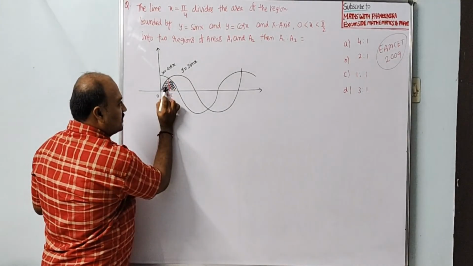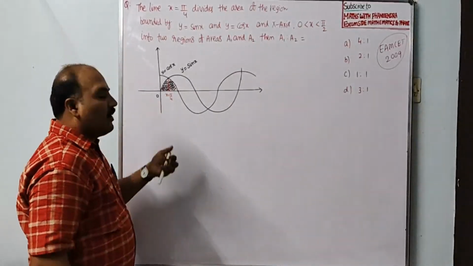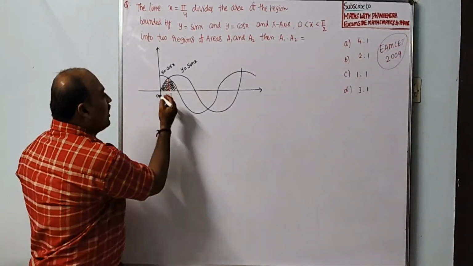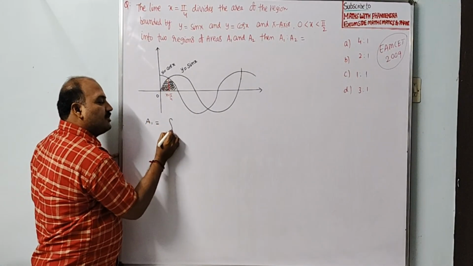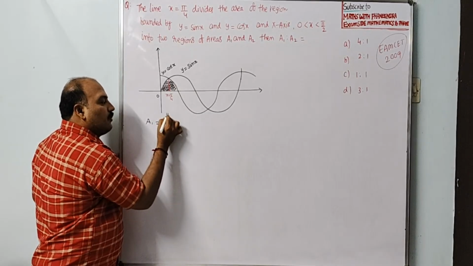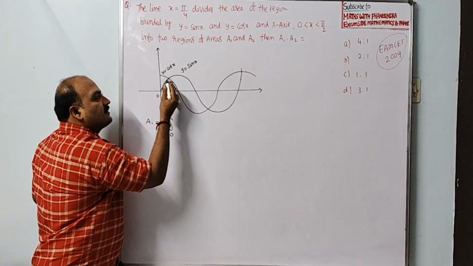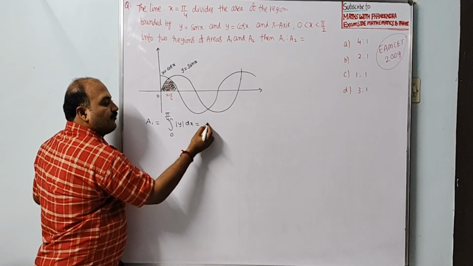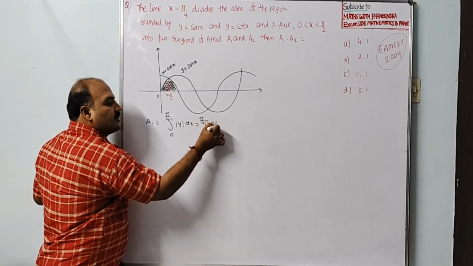So this is A1, this is A2. A1 from 0 to pi by 4, which curve have we taken? A1 is equal to the integral from 0 to pi by 4 of sin x dx.